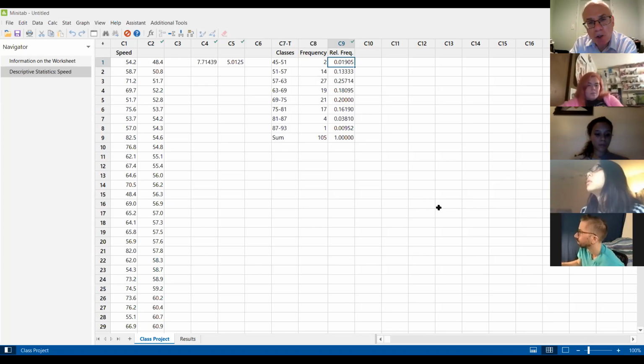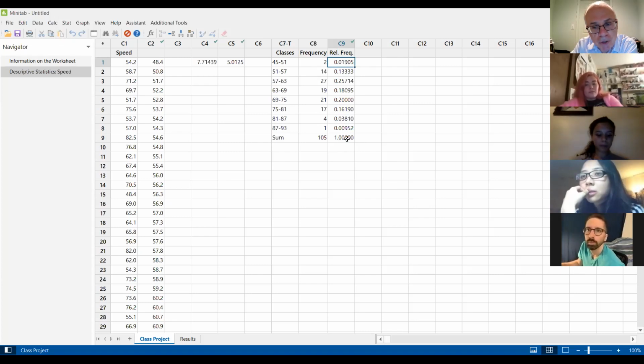Now, I've run through this exercise before. I want to make sure that these relative frequencies add up to what number? It says it right here: 1. How did it know to do the sum right here? I don't know. It sort of carried over the sum, didn't it?